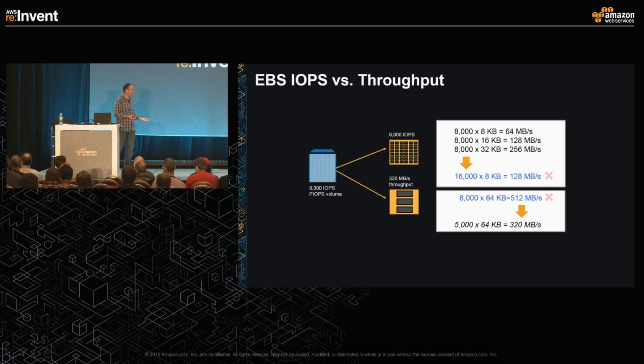Similarly, for a throughput workload, if your I/O size is larger, you can't submit 8,064 KB I/Os, 512 megabytes per second. The volume is only capable of 320 megabytes per second. And so in this case, what your application would see is 5,064 KB I/Os.